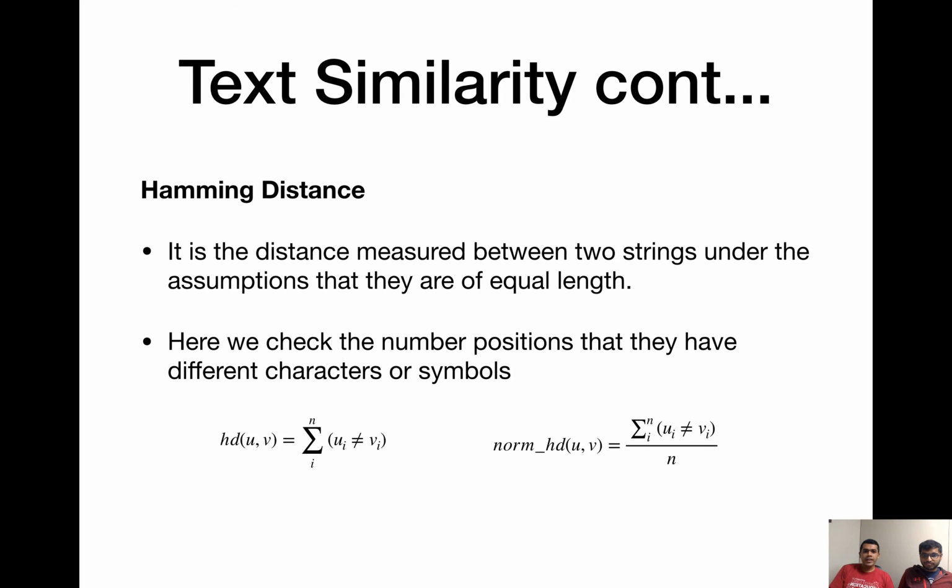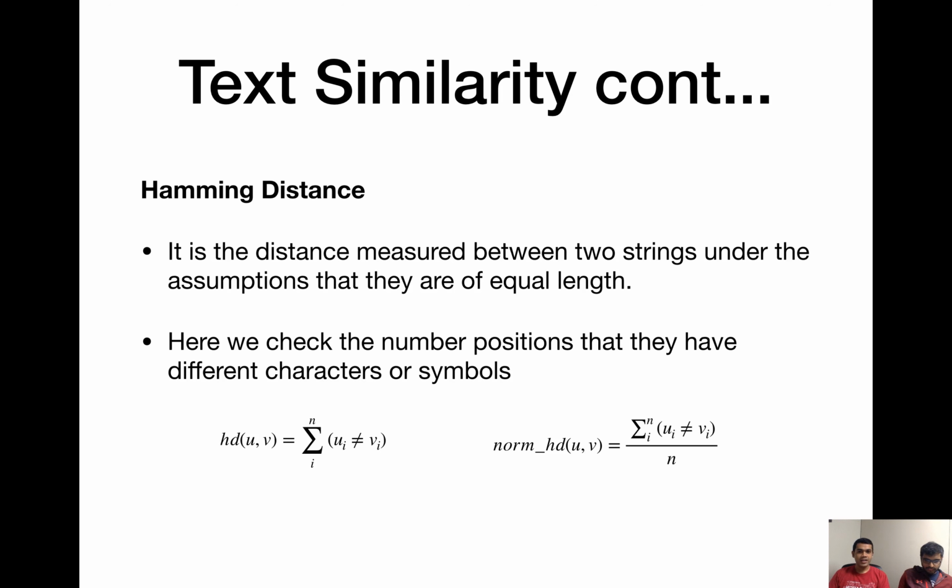Hamming distance is a simple similarity measure, or you can say a distance measure, where you check one-on-one character with the two vectors and see if they are equal. If two characters are not equal, you sum them up, and that would be the distance between the two strings. So that is Hamming distance.